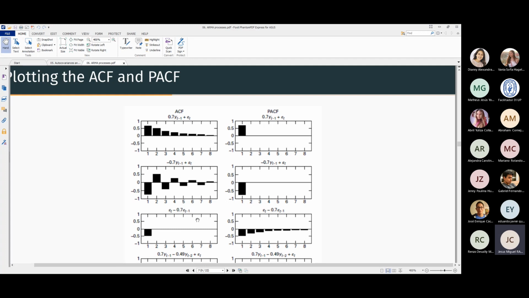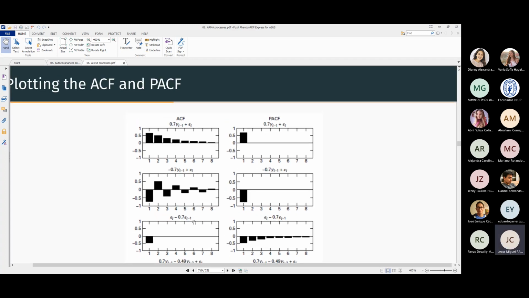So you will see the moving average effects in the ACF with jumps, and the autoregressive effects in the PACF, the order.